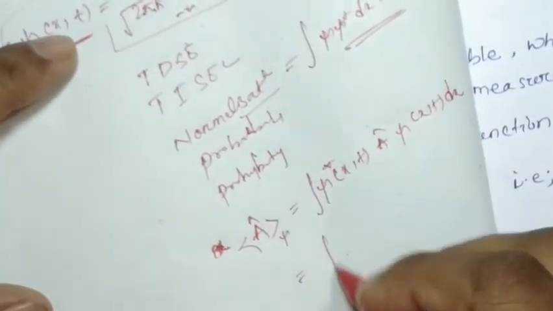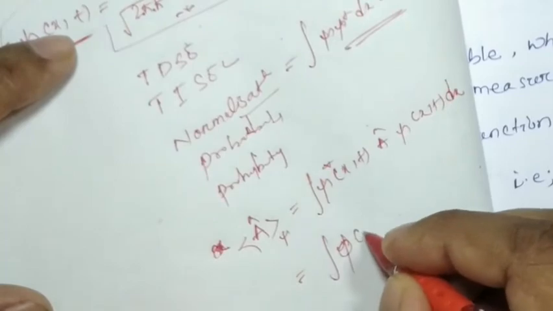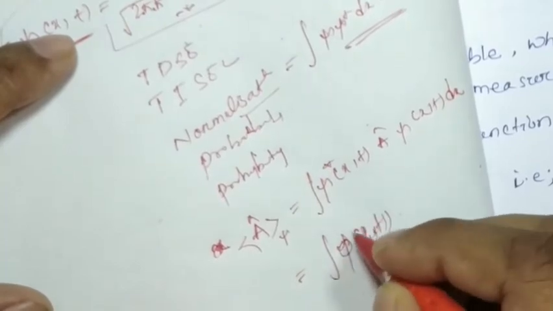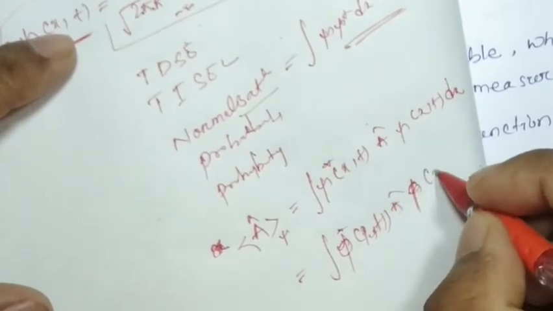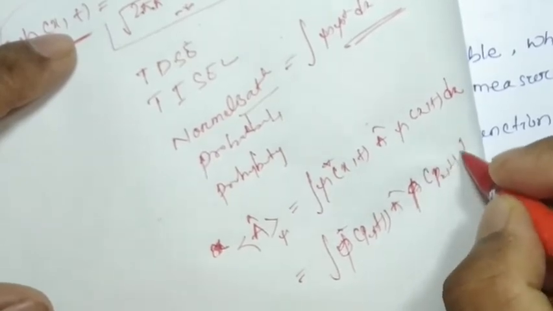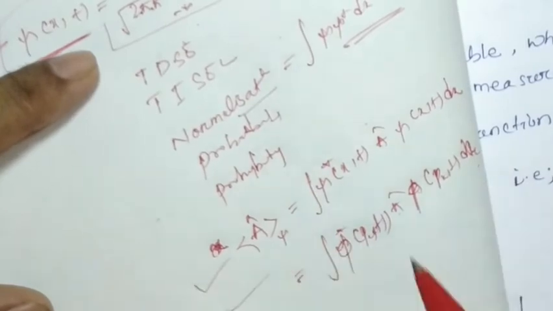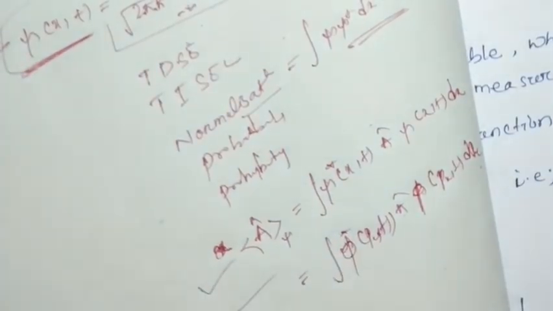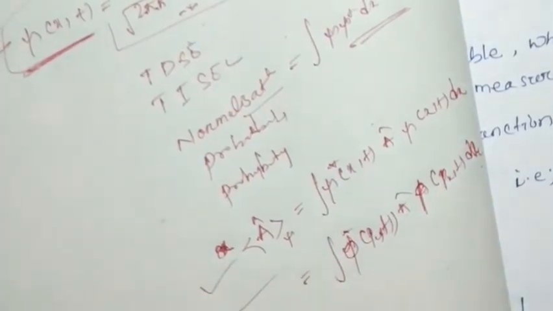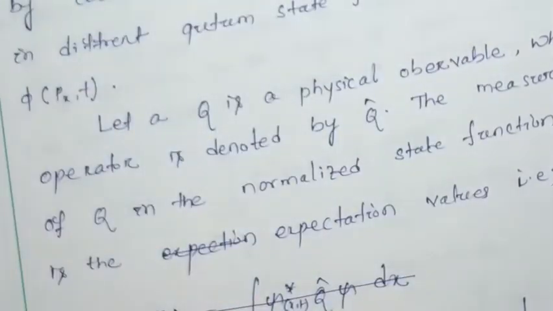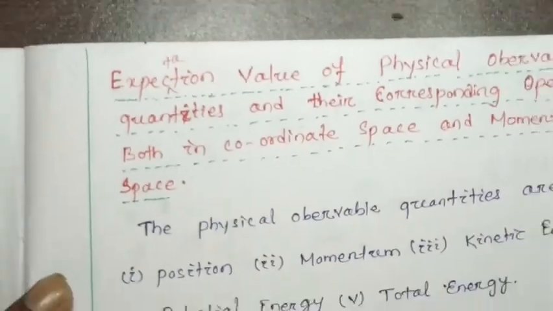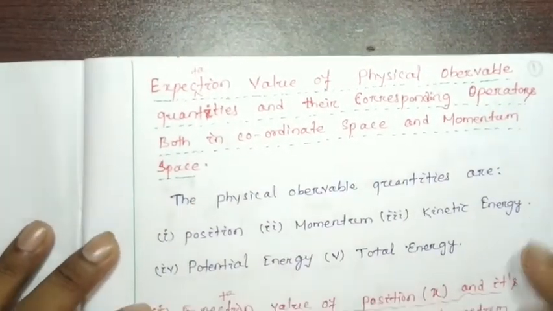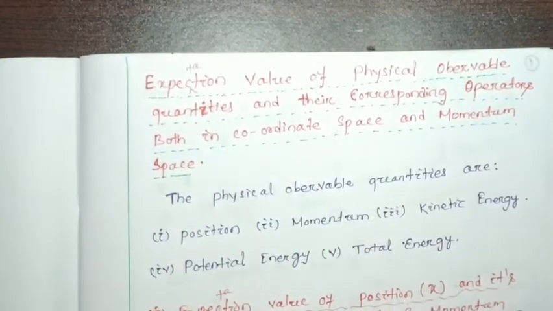Likewise, in momentum space, it can be written as the integral of phi star(px,t) A cap phi(px,t) dpx. So these things we have discussed. In our last class, we discussed the expectation value of physical observable quantities and their corresponding operators.